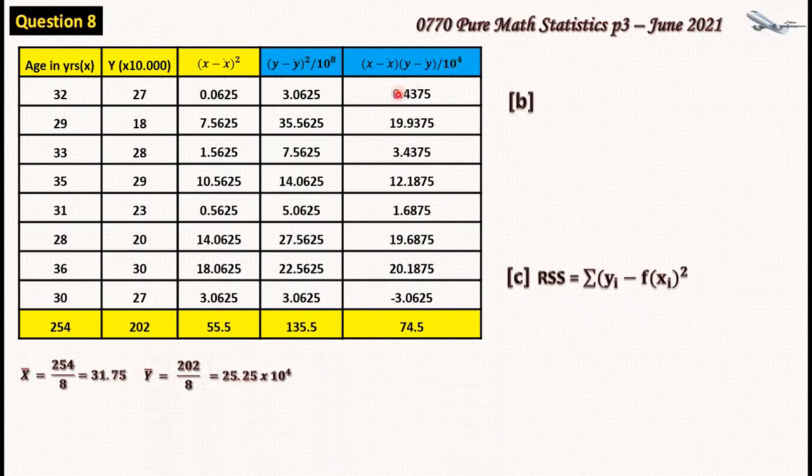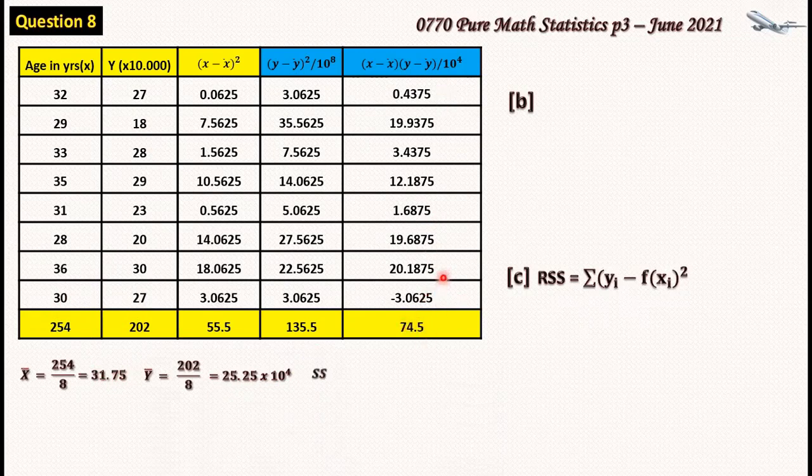The next case, you have 29 minus 31.75 into 18 minus 25.25. The next one, right down to 30 minus 31.75 into 27 minus 25.25. When we sum all of this, we are going to have 74.5.